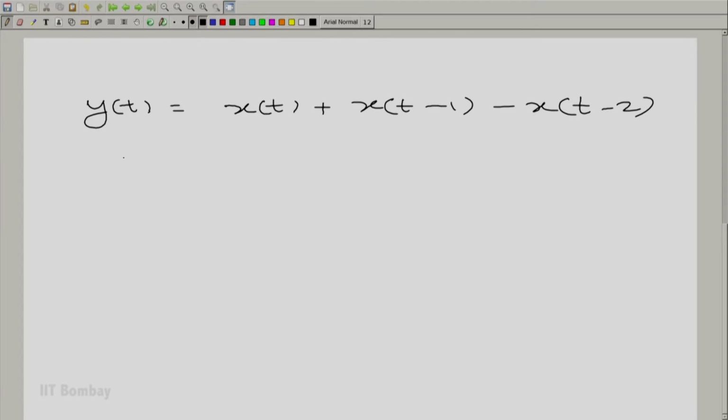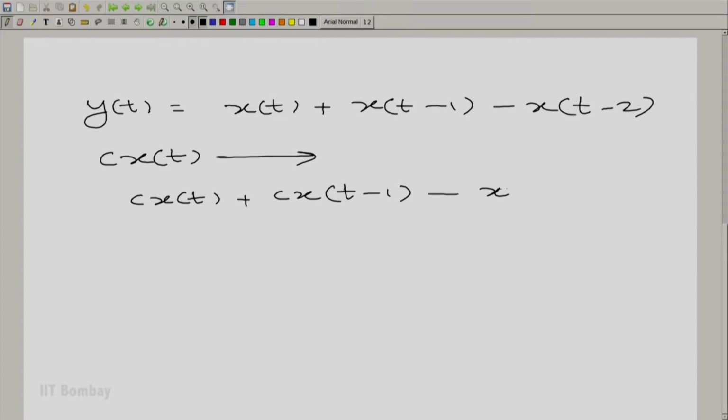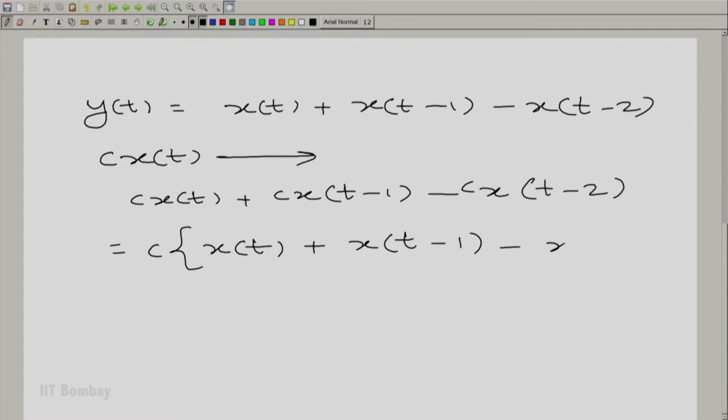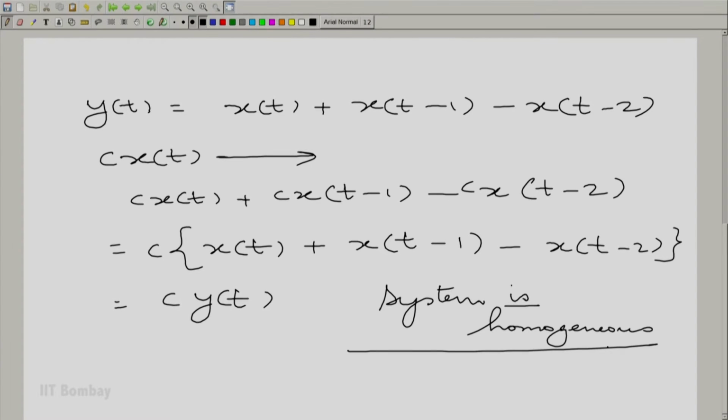And we query what happens when c times x of t is given to the system. c times x of t would result in c times x of t plus c times x of t minus 1 minus c times x of t minus 2, which is of course, you can take c common, c times x of t plus x of t minus 1 minus x of t minus 2, which is clearly c times y of t. And therefore, the system is clearly homogeneous.